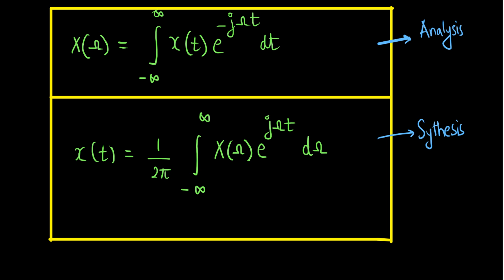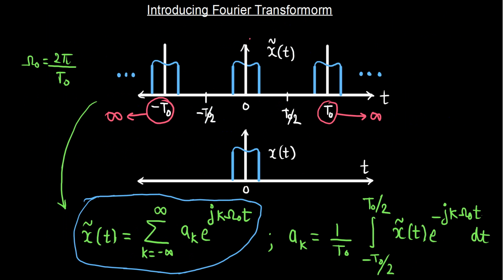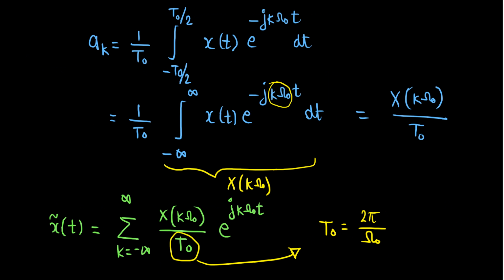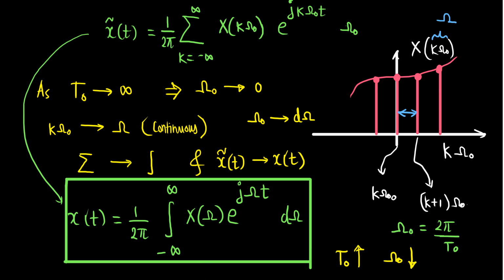So let's have a quick review of what we have seen so far. We wanted to derive a Fourier representation for aperiodic signals, and we said that an aperiodic signal is simply a periodic signal with a period t tending towards infinite, and we tried to impose the same condition into the expression of continuous time Fourier series. And we saw how this frequency component that was discrete in nature, that is k times omega naught, tends towards a continuous variable, that is omega.